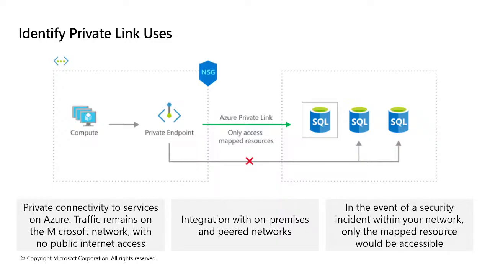But I need connection to that particular database. What I can do is create what we call a private link. What the private link does is it creates a private IP address for you. It's not for that particular resource, because technically there are some resources you cannot assign an IP address to.